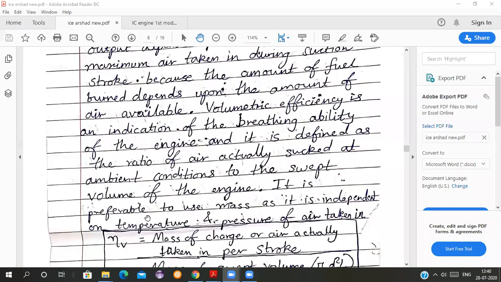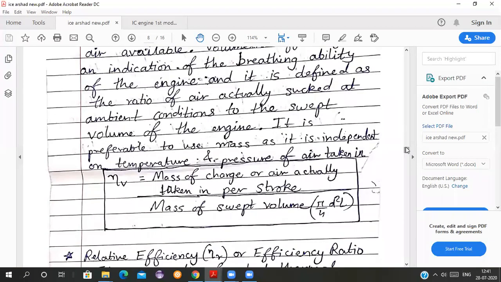Yes. See here now, all of you. Volumetric efficiency is given by the mass of charge of air actually taken in per stroke upon the mass of swept volume. All of this is at atmospheric condition.